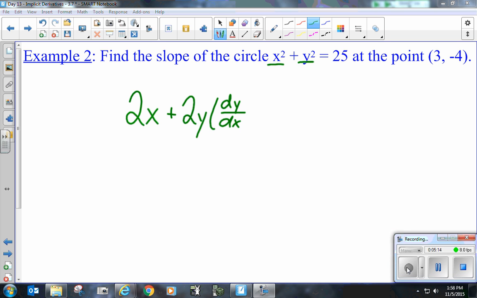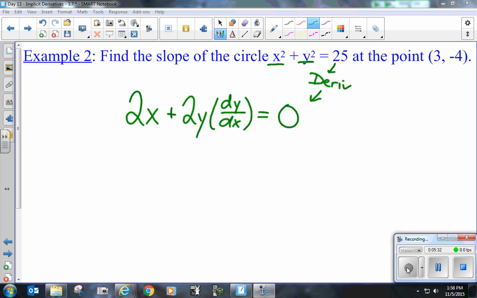You need to put that next to every y derivative you take. Equals, what's the derivative of 25? 0. Don't forget, you still need the derivative of this. You can't just set it equal to 25. You still take the derivative of a number. The derivative of any constant is 0.